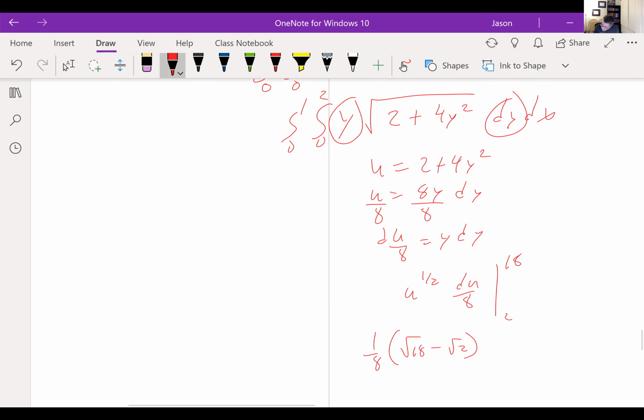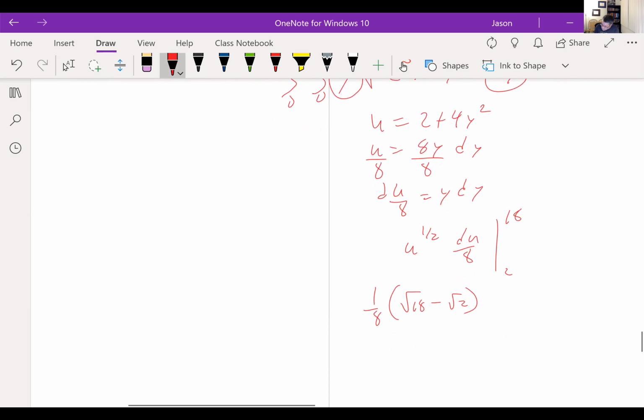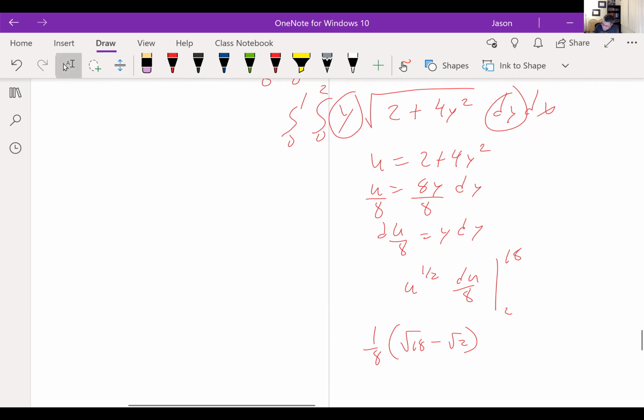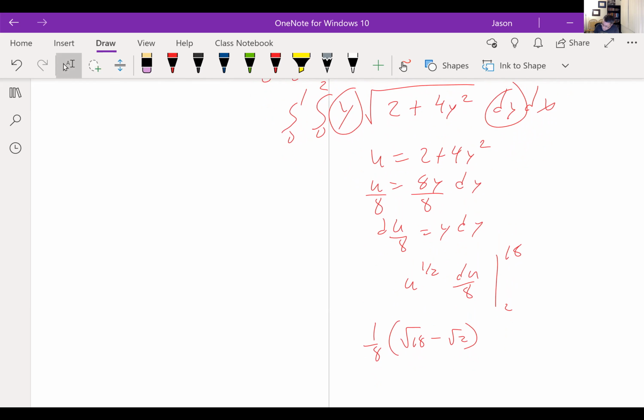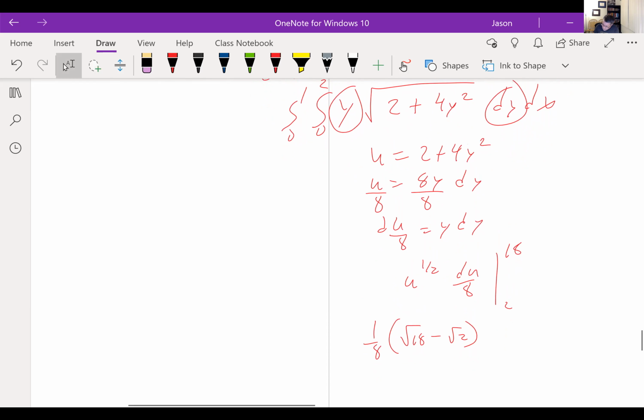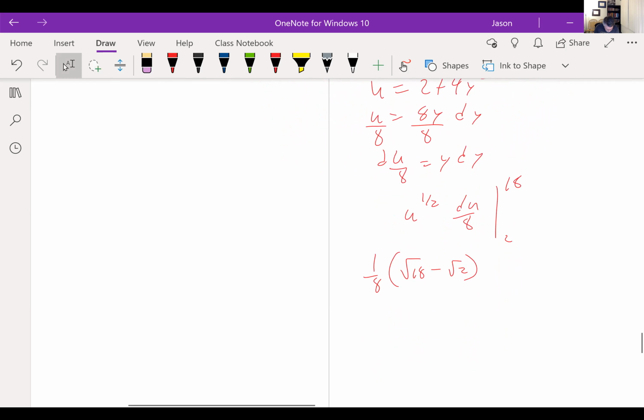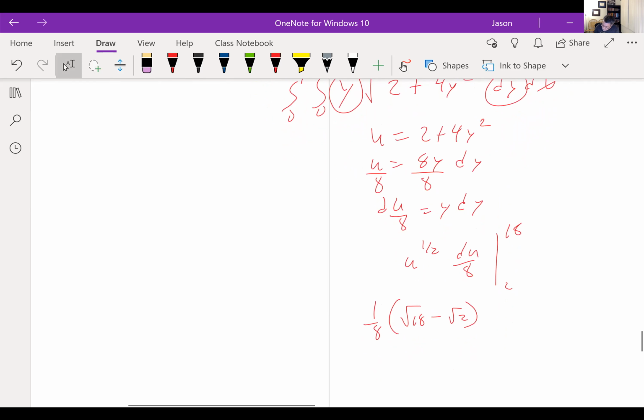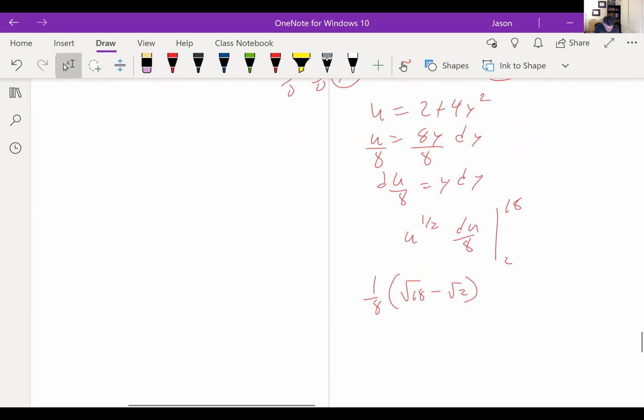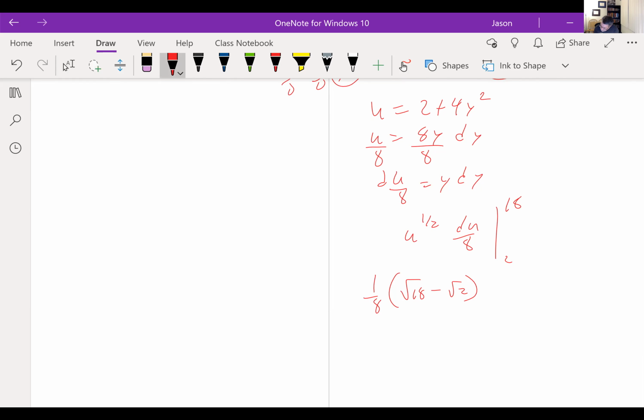And that's just the y's. There are no x's in this problem, so we're pretty much there. The x's go from 0 to 1. Actually, I can simplify this even more. 18 is 9 times 2, so this is 3 radical 2 minus radical 2.